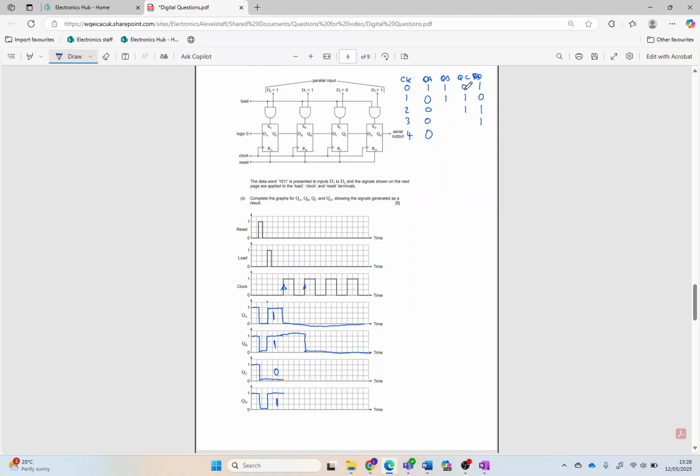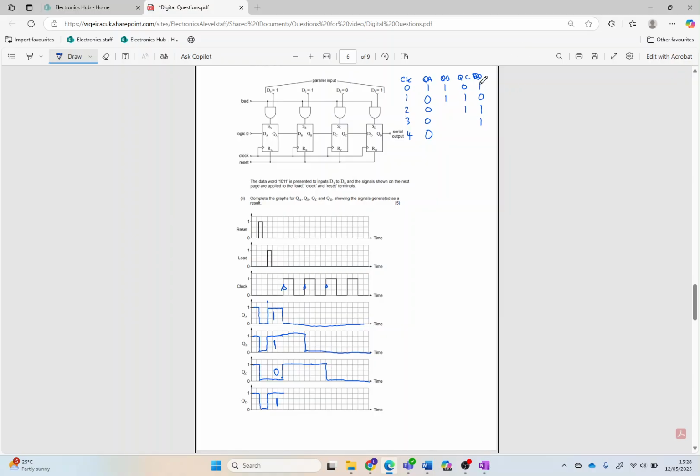Column C, on the first clock pulse it will go to a 1, and then it will remain at a 1 for that clock pulse and the next clock pulse. So on the third clock pulse it will go to a 0 like so.